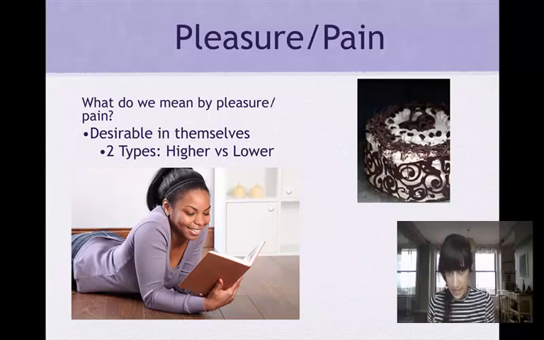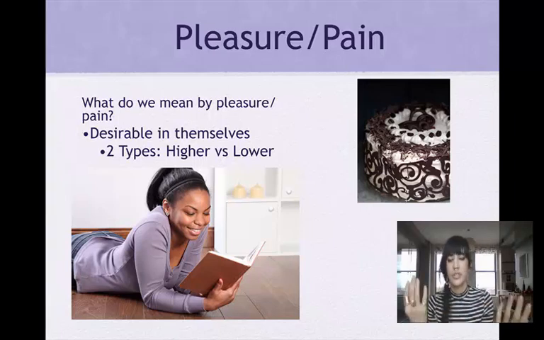It's valued in itself, but we don't just exist as human beings trying to have an increase in pleasure. We're also trying to increase the quality of pleasure, right? We have different types of pleasures that we go for. And Mill categorized these as higher pleasures versus lower pleasures. So we as human beings are constantly navigating between the higher pleasures of the mind and the intellect versus the lower pleasures of the body and sensations.